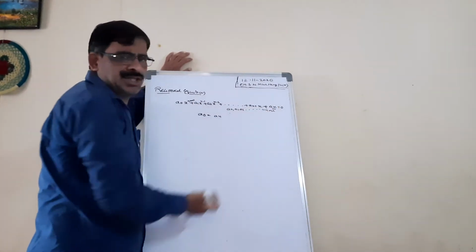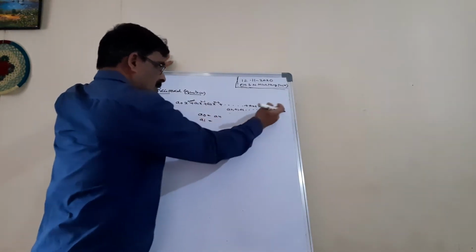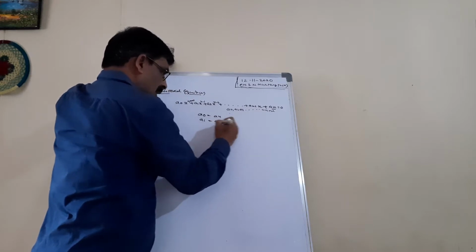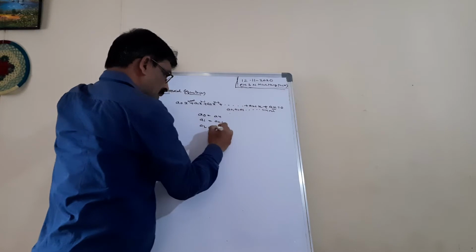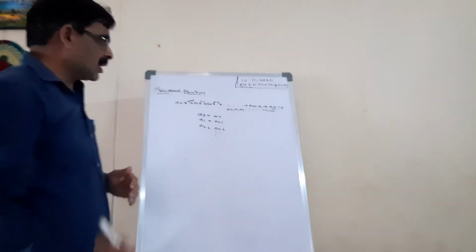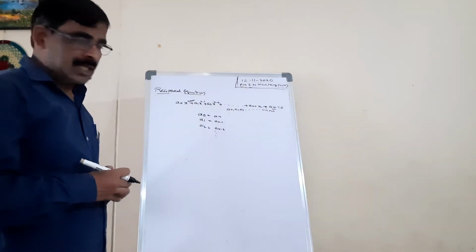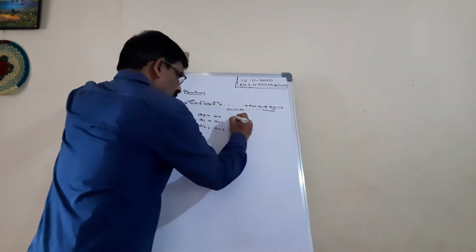And a1 equals an minus 1, in reverse order. Suppose a2 equals an minus 2, like this, then we call it a reciprocal equation.